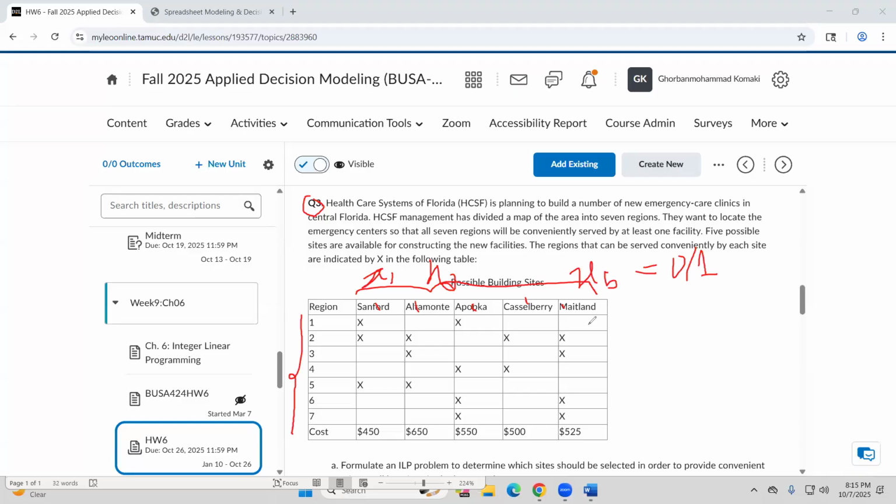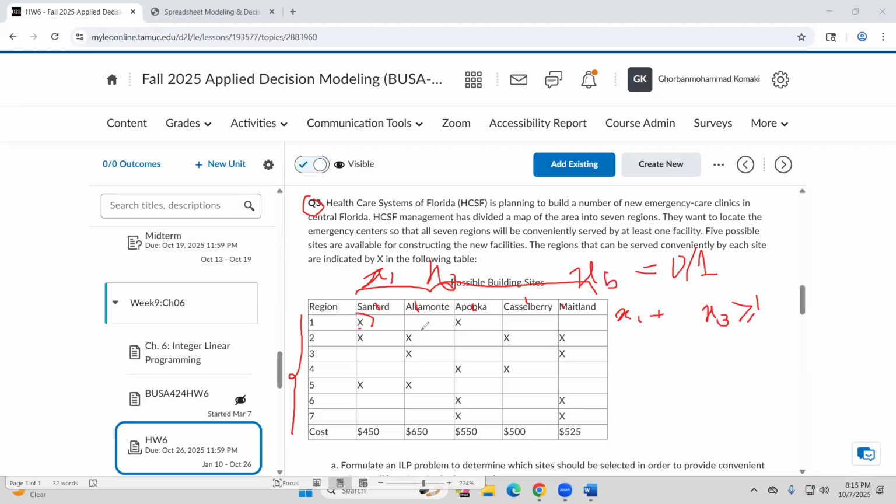Now here, for the region 1, x1 plus x3 should be greater or equal 1. So every region should be covered. So for region 1, because of these x's that I have, x1 plus x3 should be greater or equal 1.